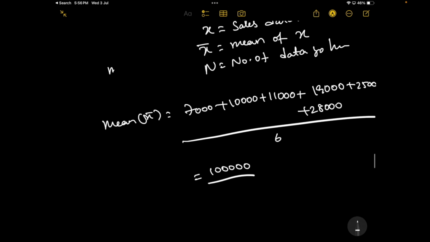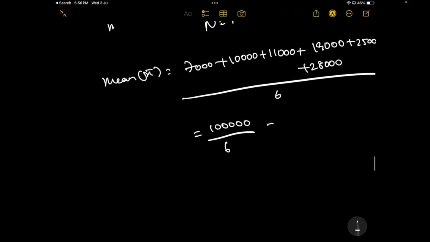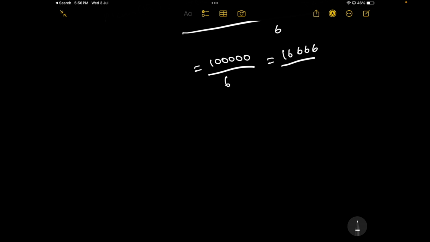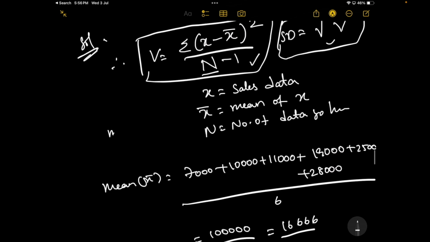So 1 lakh divided by 6 is around 16,666. That is the mean average value. On average they are making 16,666 per month. Now if you need to find the variance, you need x, and with that you need to find (x minus x bar) whole square also.